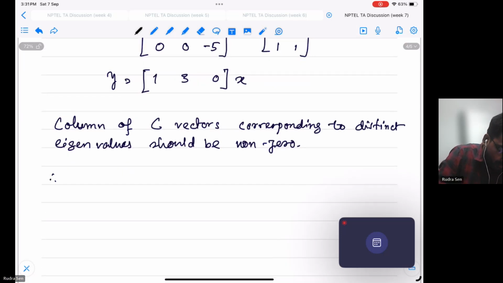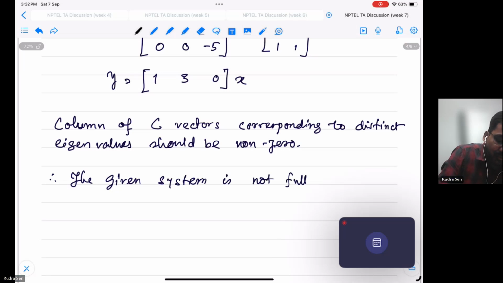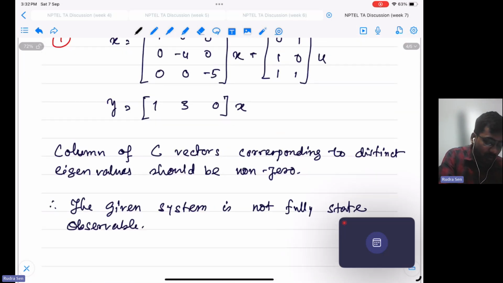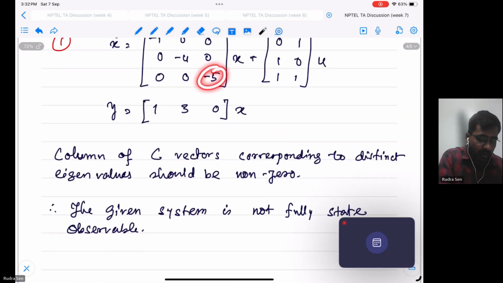Therefore, the given system is not fully state observable, because the column corresponding to -5 is 0.